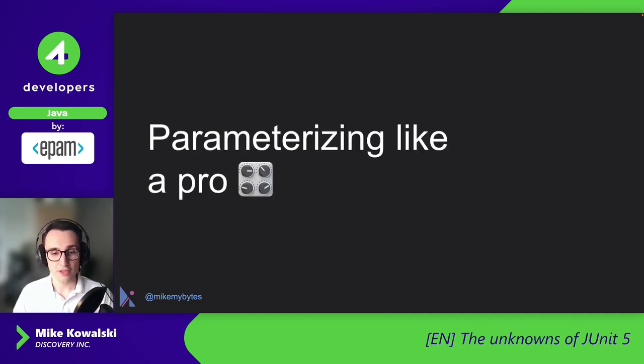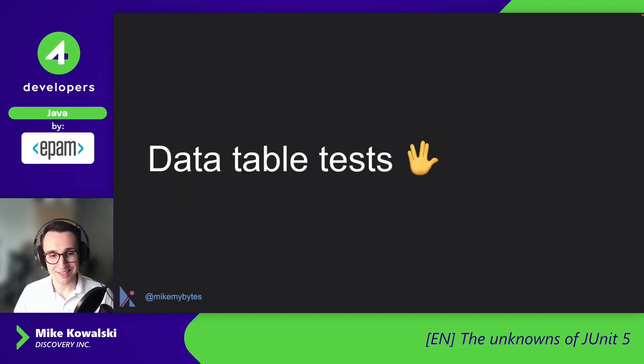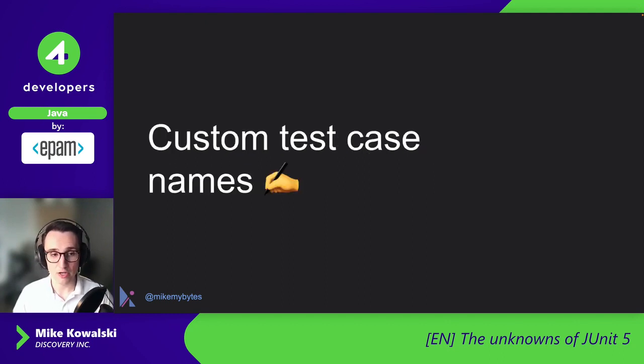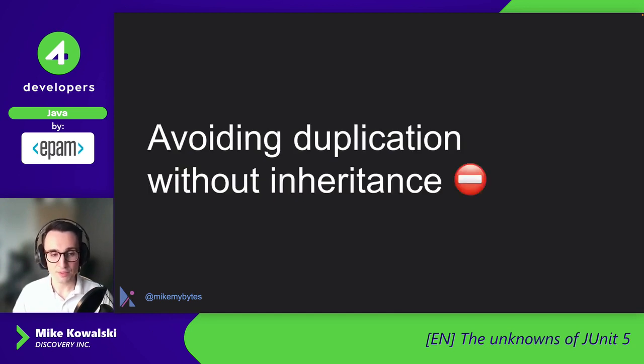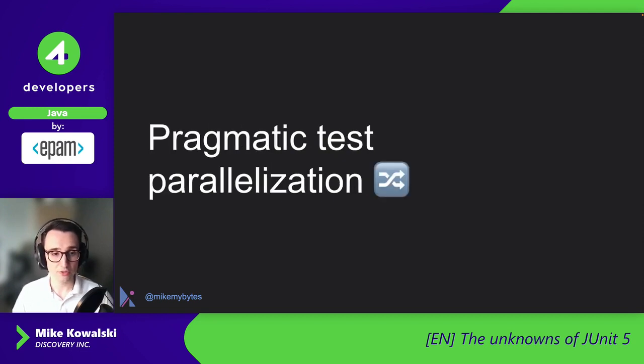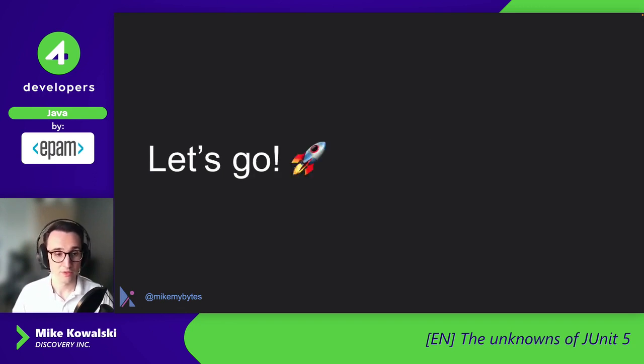Starting from some creative or unknown ways of parameterizing your tests, including writing data table tests, similar to what you may know from libraries like Spock. We'll scratch the surface of customizing test case names. Then I will share a few words about how you can avoid test code duplication, but without introducing inheritance. And last but not least, I will show you my proposal of a pragmatic approach for test parallelization. So let's go, show us the code.